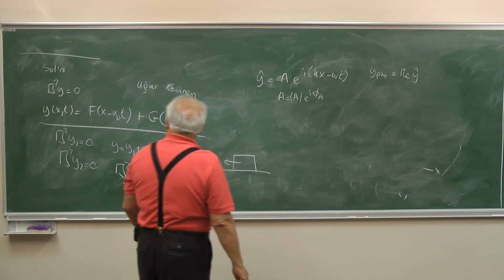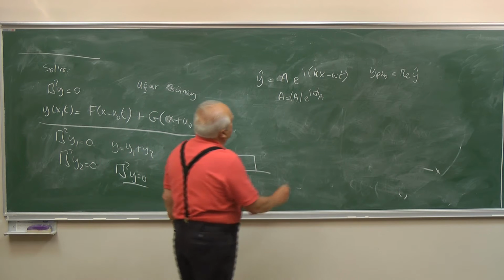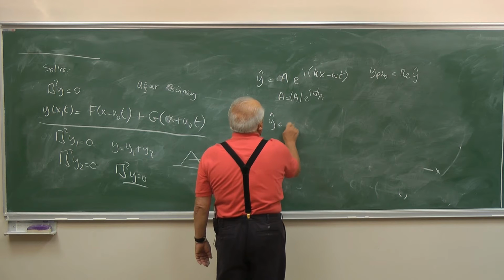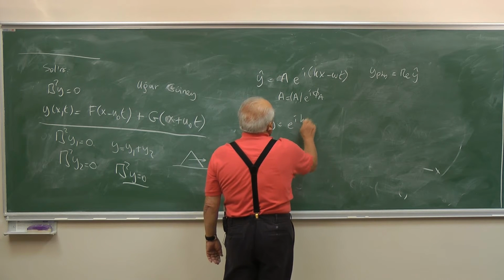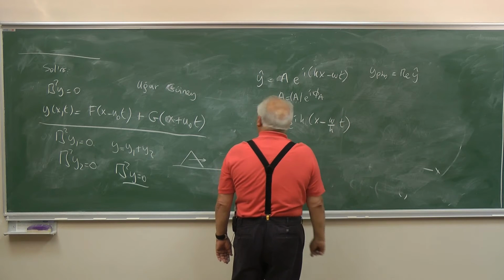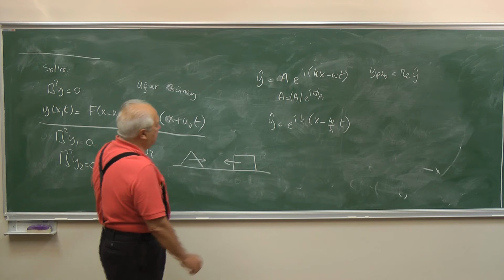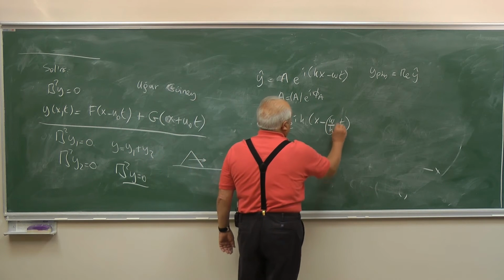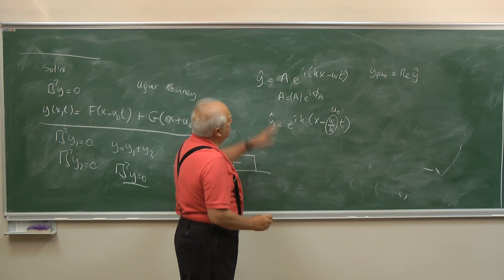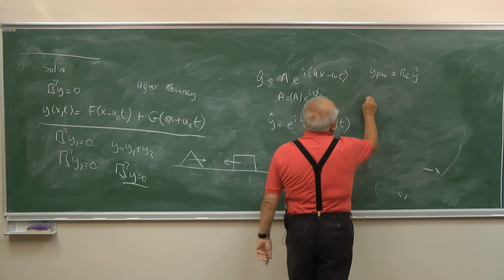If it is going to be a solution like this, then y must be e^(ik(x minus (ω/k)t)). And again, if it's going to be of the form x minus u0t, ω/k has to be u0, the velocity. Or we can simply put it into the equation and find the relation between ω and k.